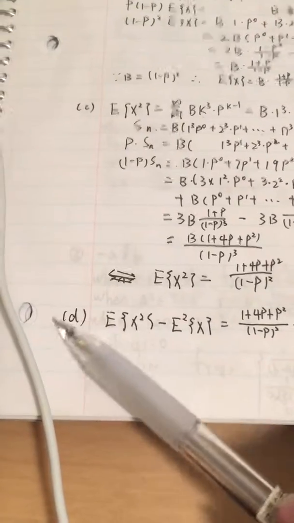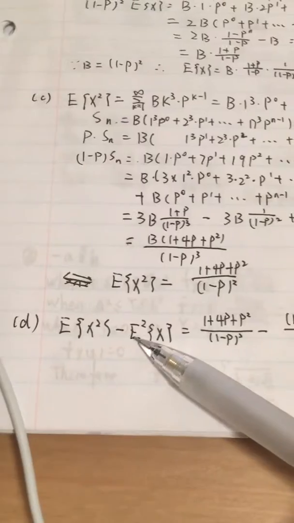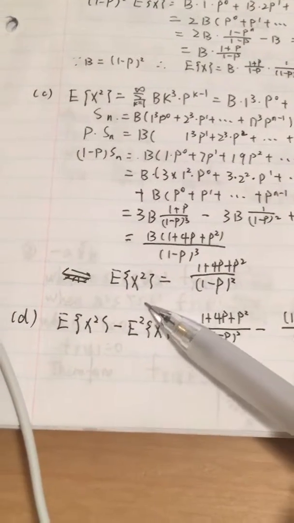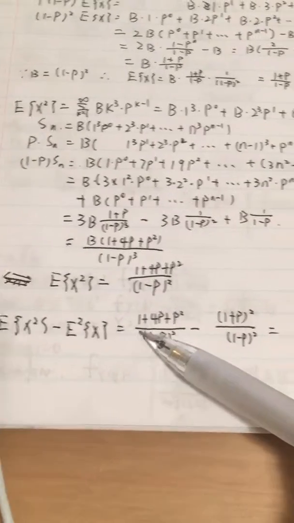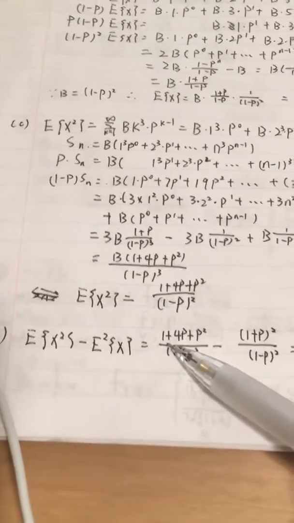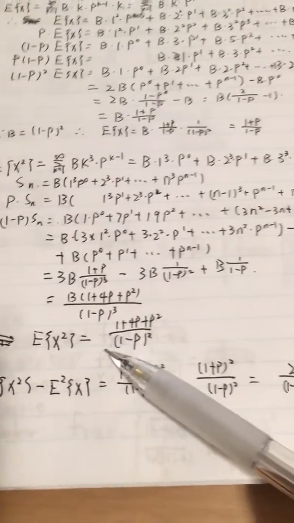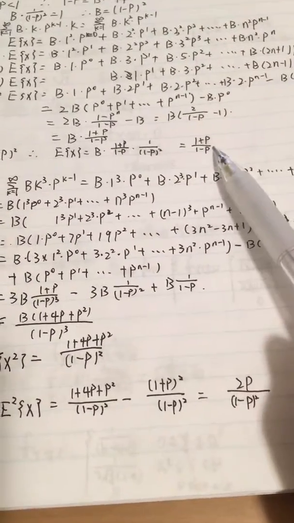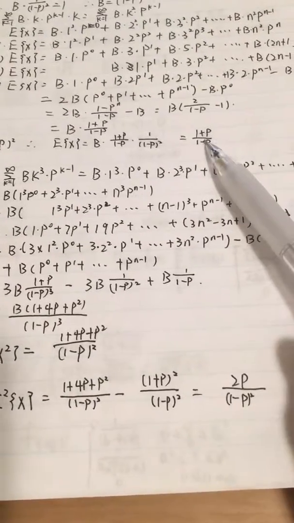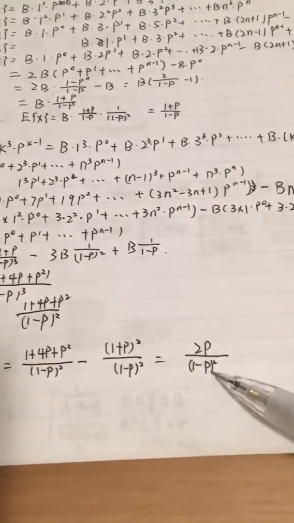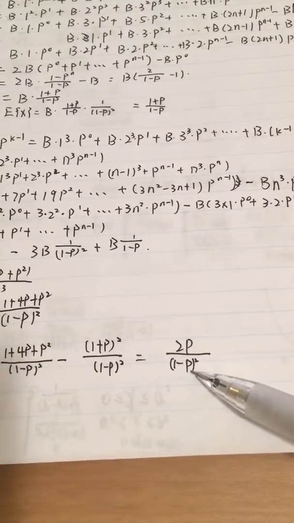And the fourth question is E of X square minus E of X square. It equals the answer of the third question minus the second question, it equals 2 multiply p over 1 minus p square.